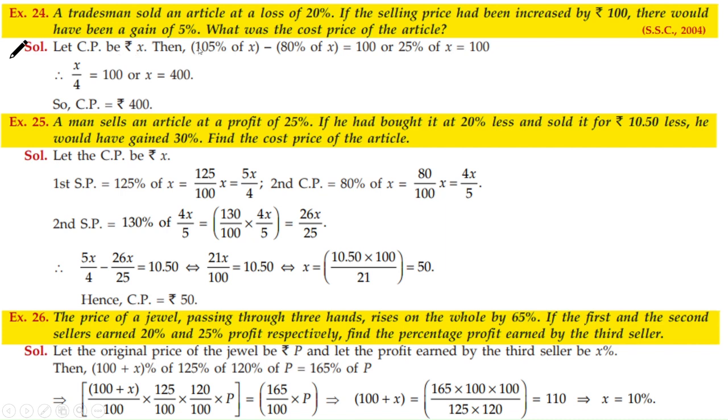Then 105% of x minus 80% of x equals 100, or 25% of x equals 100. Therefore x by 4 equals 100, or x equals 400. So cost price equals rupees 400.